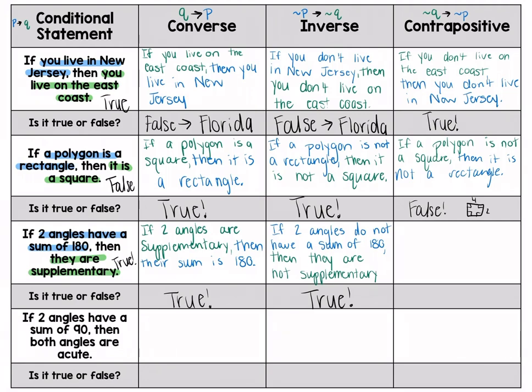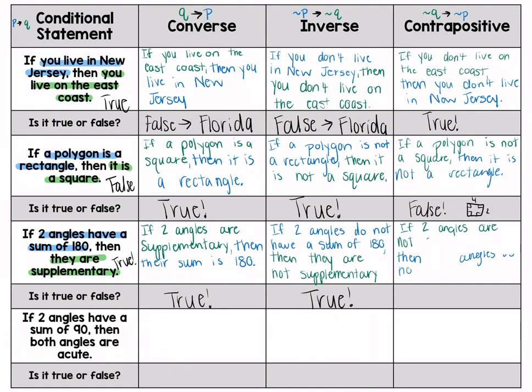And then the contrapositive is if not Q, then not P. So if two angles are not complementary, oh, why did I say complementary? I'm sorry.